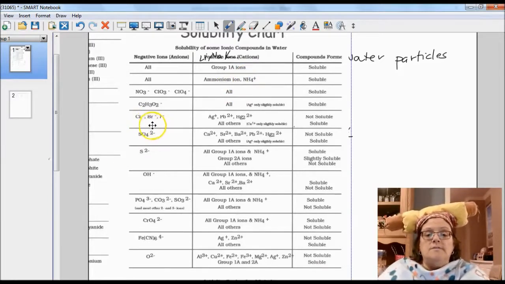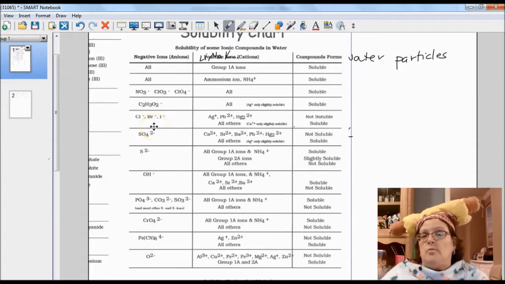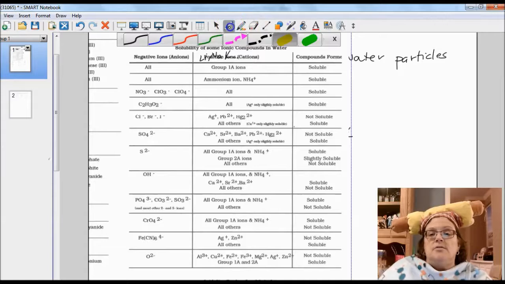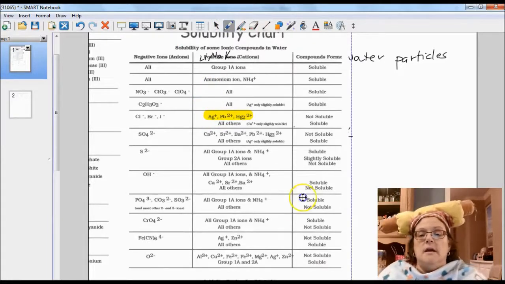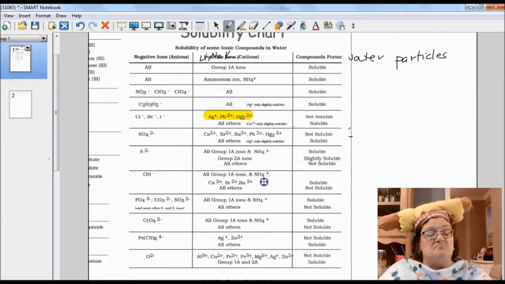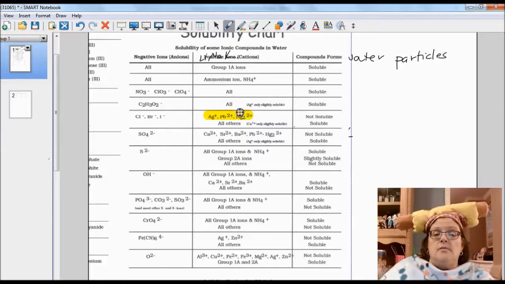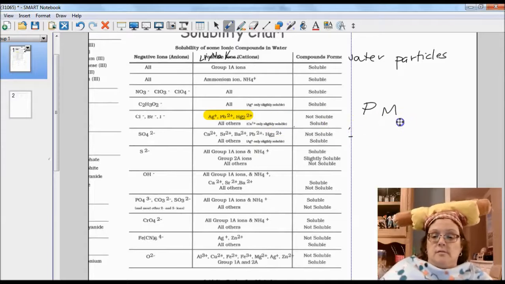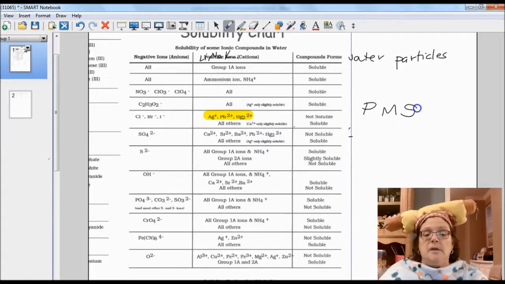Now, chlorides, bromides, and iodides are almost always soluble, but there are 3 exceptions. The 3 exceptions are silver, lead, and mercury. The way to remember this, it's a little crude, but if you think about lead, the symbol starts with a P, plumbum. Mercury, the word mercury, not its symbol, starts with an M. Silver, it starts with an S. PMS.